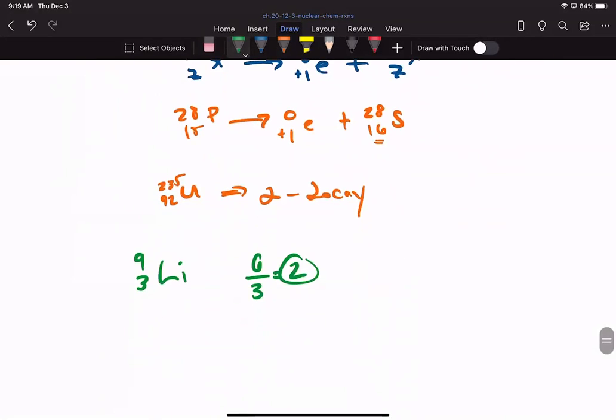For electron emission, we're going to say 9, 3 lithium, and we're doing this: lithium, electron. I lost my train of thought there.